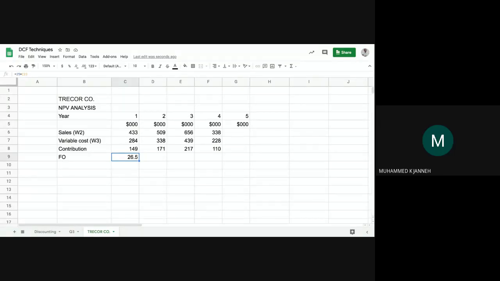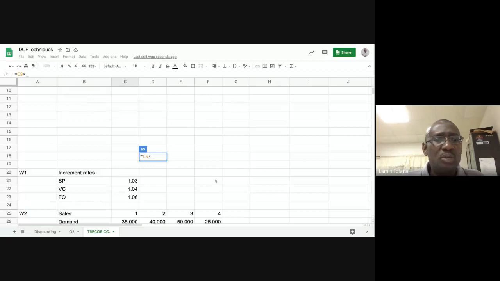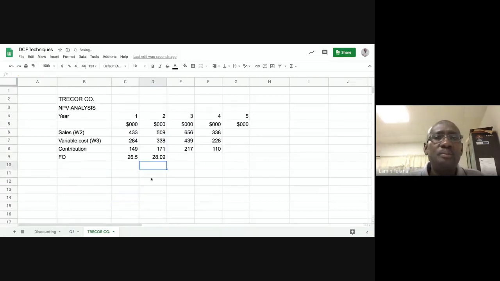Then for year 2, it's going to be the previous year multiplied by this. F4, we enter, and we replicate.